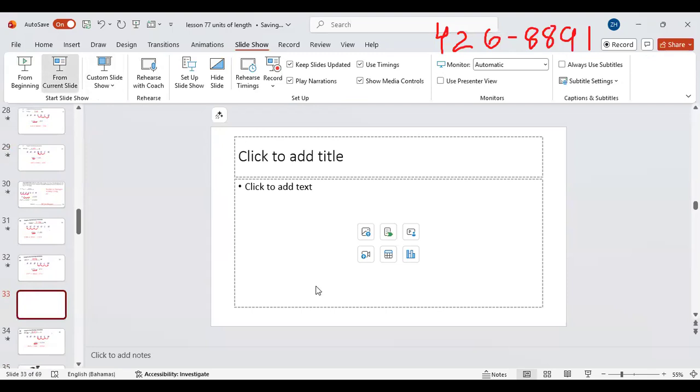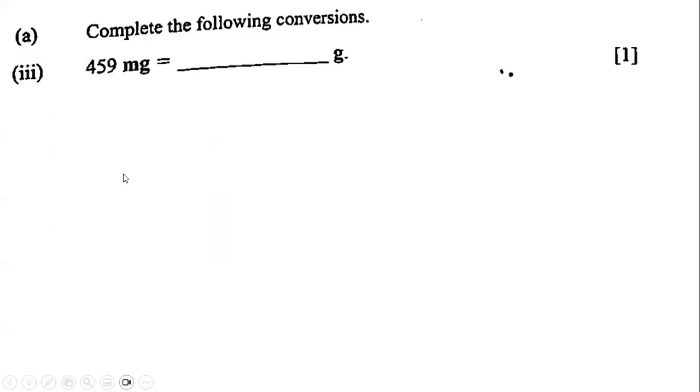No, sir. Oh, it's literally white. Oh my goodness. All right, this question. Complete the following conversions. So what we have to do here is convert 459 milligrams to grams, right? Again, we're moving from milligrams to grams. That's the key difference.